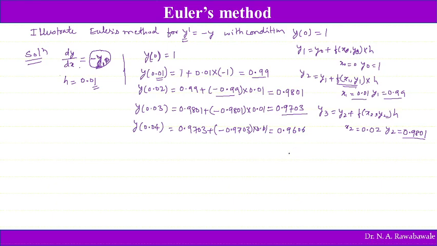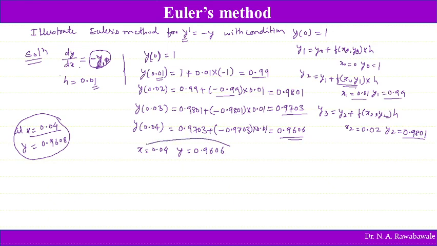The exact solution for this is 0.9608 at x is equal to 0.04. This is the exact solution, whereas the approximate solution we obtained at x is equal to 0.04, y is equal to 0.9606, by using Euler's method.